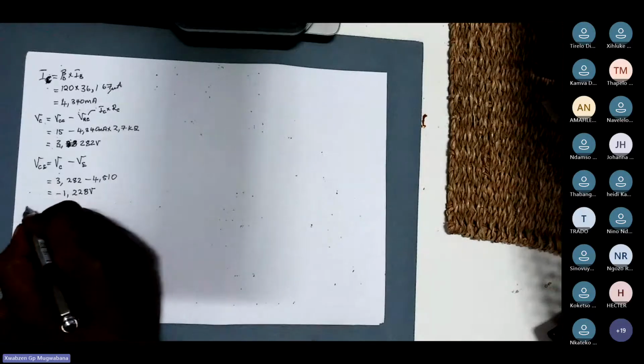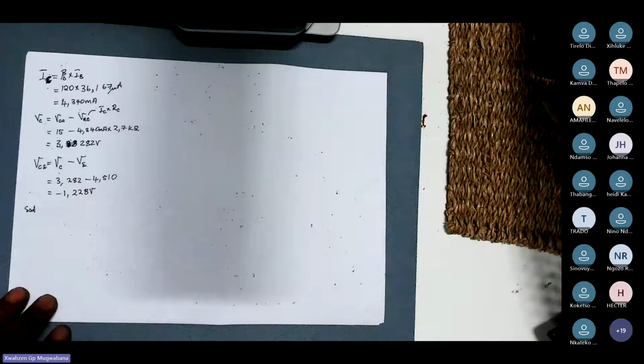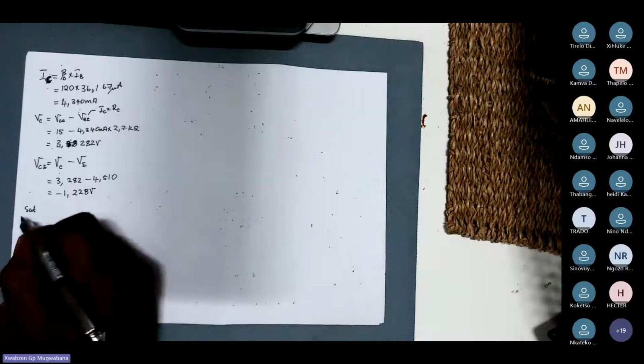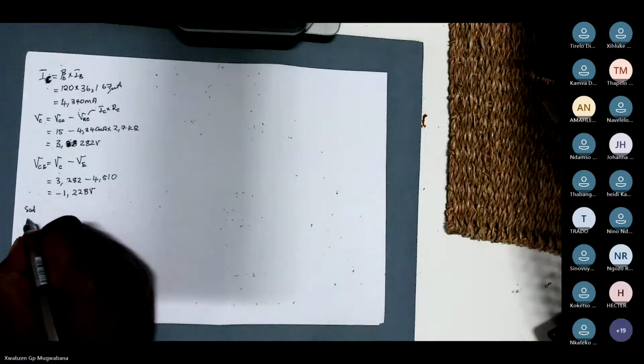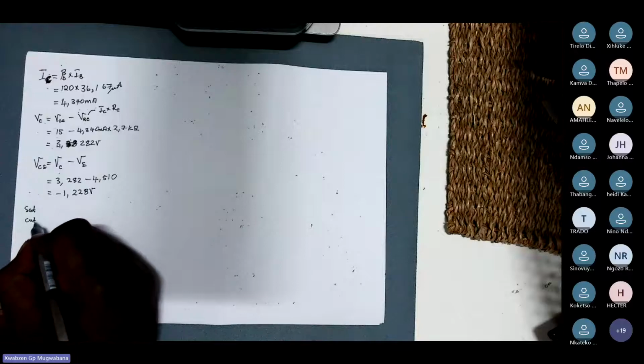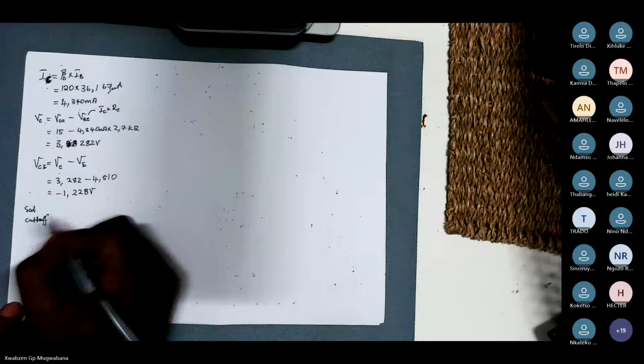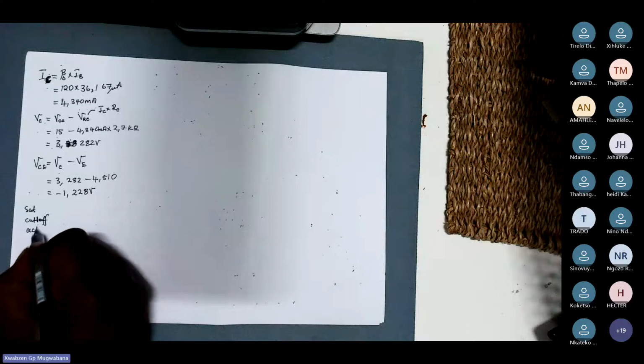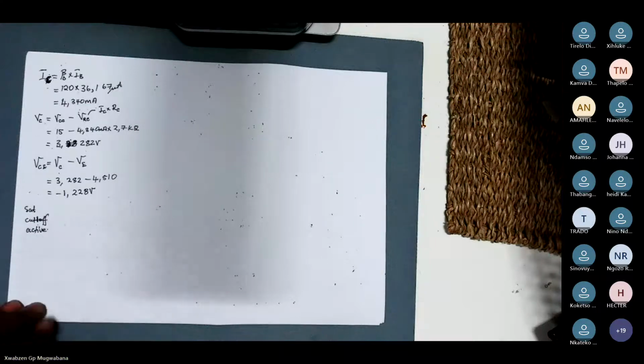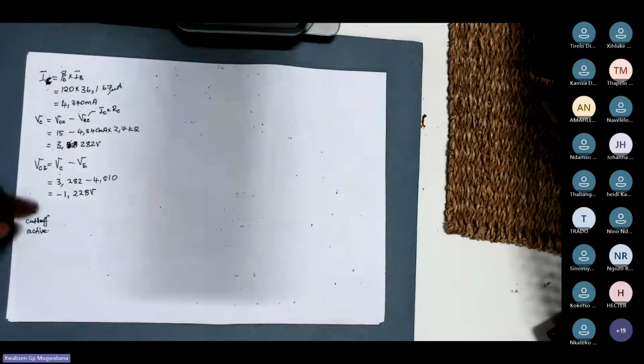I will have to find what we call the saturation region, I will have to find the cutoff region, and I will have to find the active region. Now, these are the three regions that define your collector characteristic curve. Up to so far, are we together?